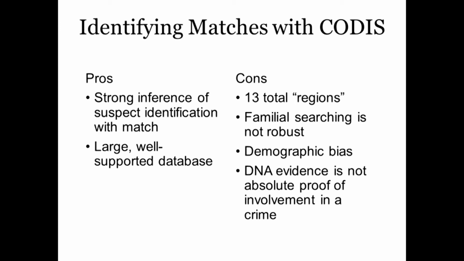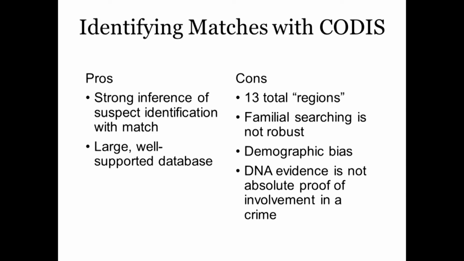Also, it's a well-supported infrastructure. CODIS has 13 million samples currently at the national level, and there are also state and local databases, and they interface in order to allow investigators from different regions to communicate with one another and talk about proceeding in the event that there is a match identified.